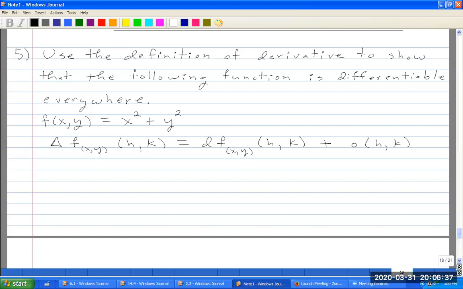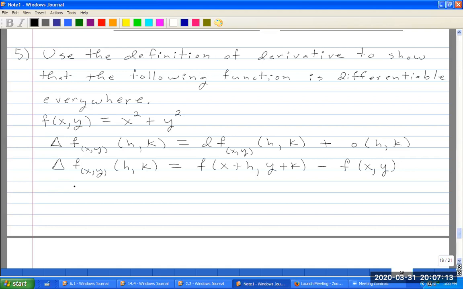So delta f is just a change in f. So this is f of x plus h, y plus k, minus f of x y.